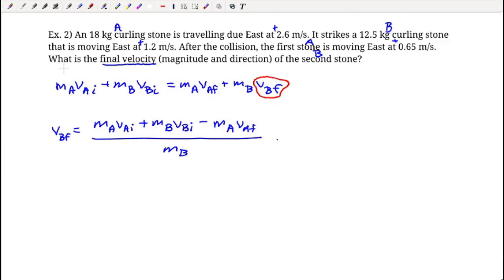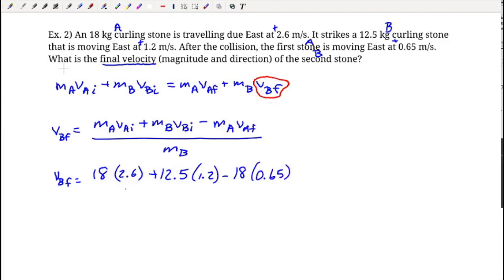Now let's see if we can start to plug in some numbers. I've got VBF is equal to MA was 18, VAI 2.6, plus MB 12.5 times VBI 1.2, and then minus MA again, 18, times VAF, a positive 0.65. All of that divided by the mass of B, the 12.5. Let's see if we can work that on a calculator.